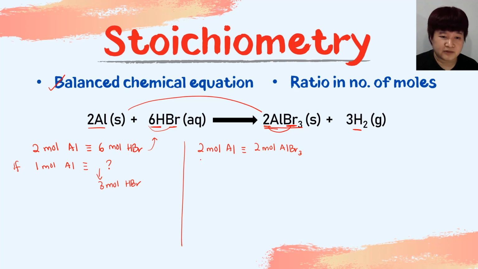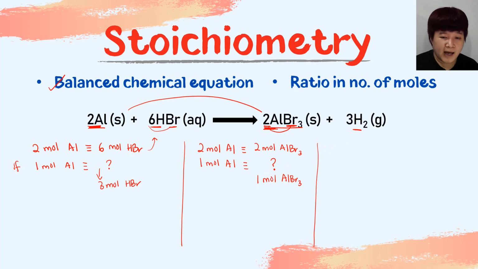But what happens if I only have 1 mole of aluminium? How many moles of aluminium bromide will we produce? Simple. The stoichiometry is 2 aluminium to 2 aluminium bromide. Therefore, 1 mole of aluminium will produce 1 mole of aluminium bromide. That is what we mean by stoichiometry.